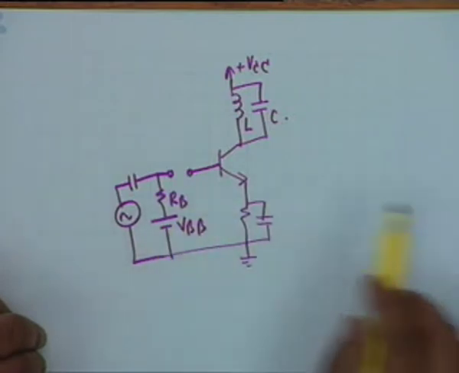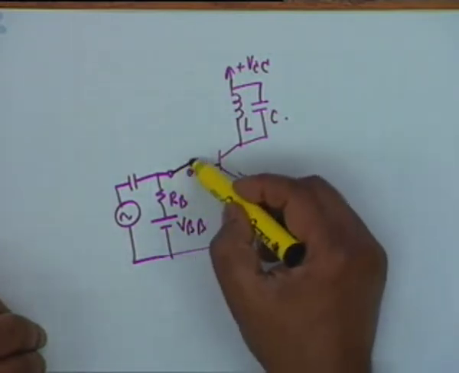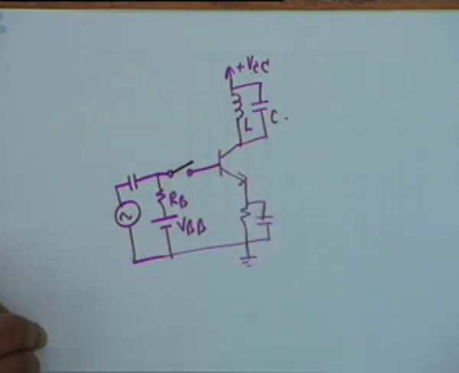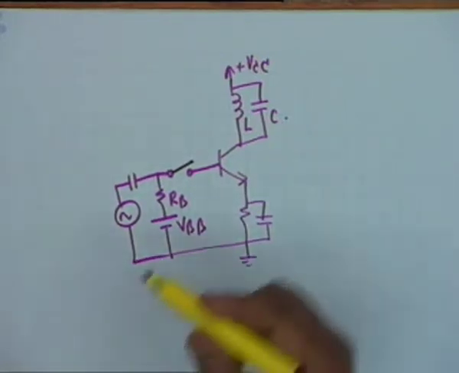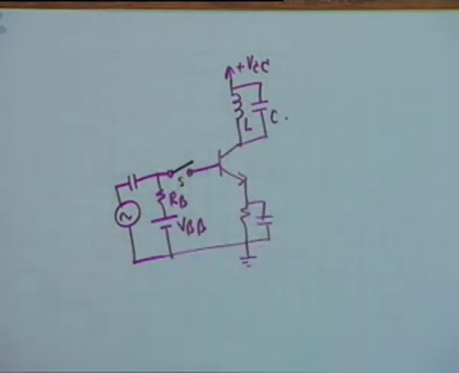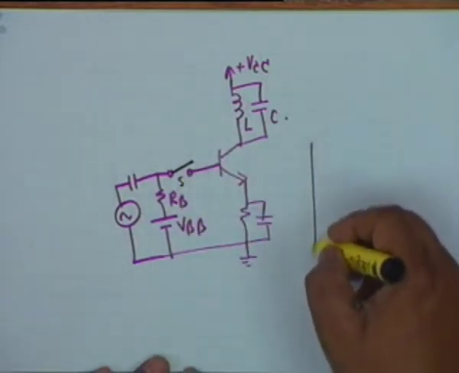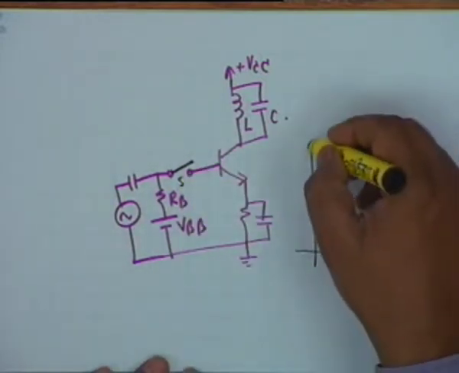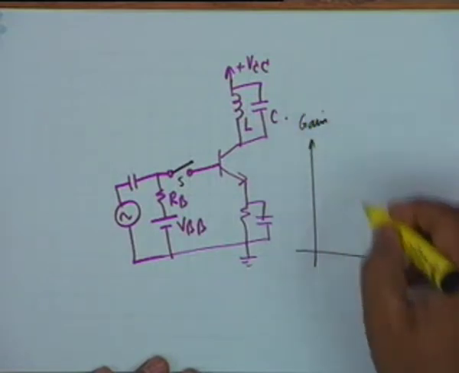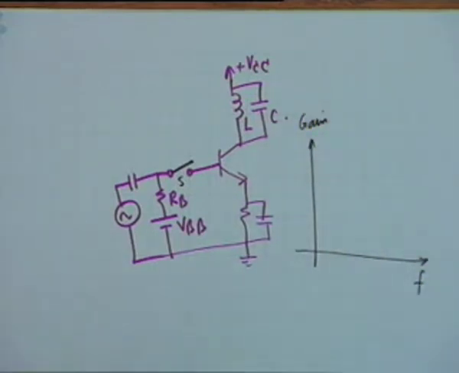Now, normally what we shall do is we will connect this point to this point. Suppose the switch S is closed, then can you tell me what the gain of this circuit versus frequency shall look like?